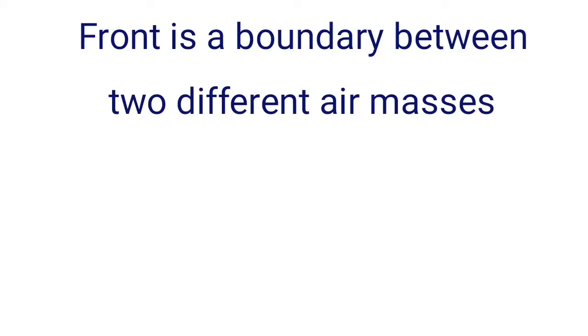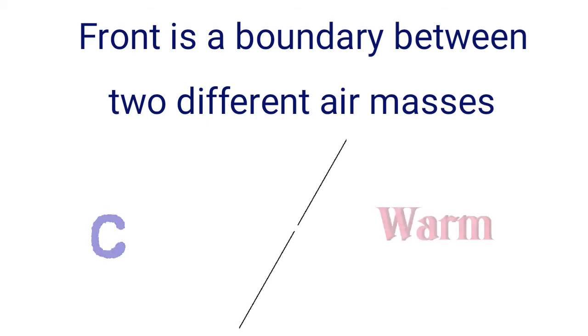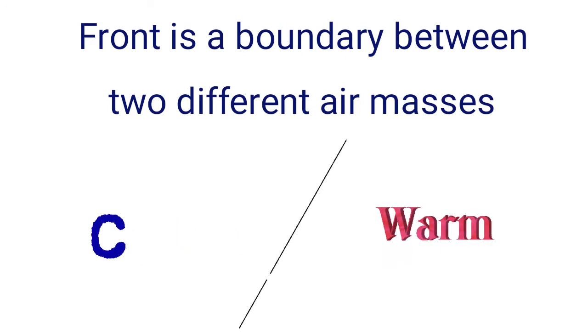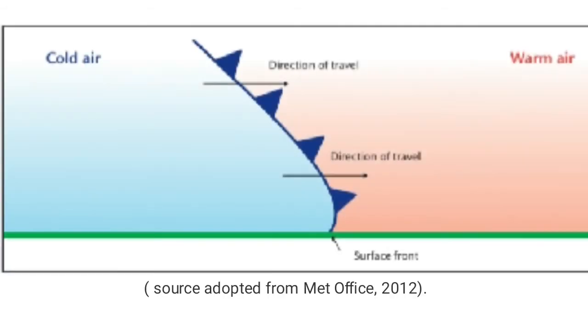You know that the weather front, or the front, is a boundary between 2 different air masses. So it's the boundary between the warm air as well as the cold air. So you have learned that a cold front is a boundary between cold air and warm air.